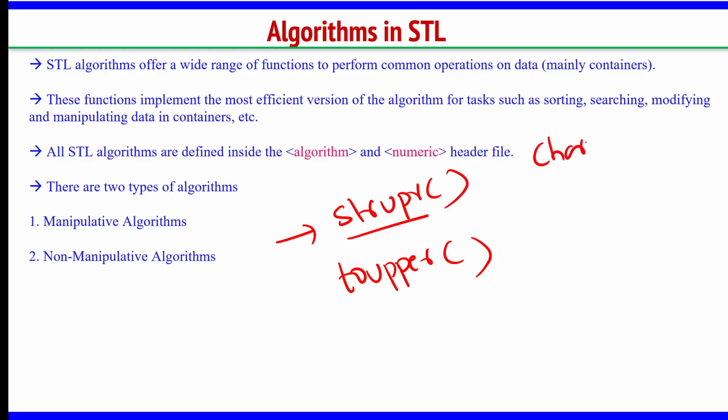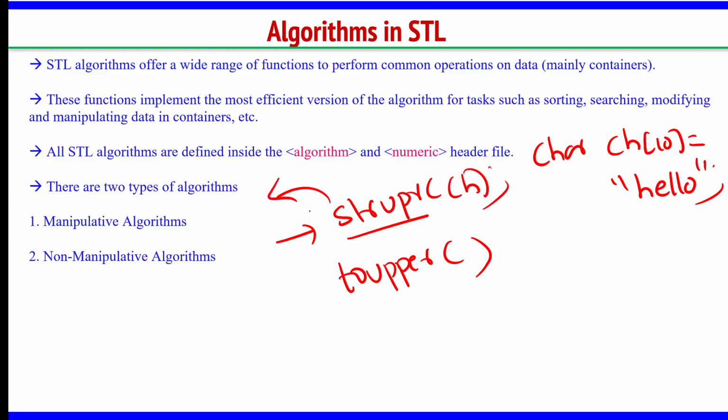Suppose I have char ch of 10 equal to hello. When I use strupr of ch, it only returns the uppercase string, but it does not modify the existing array, right.